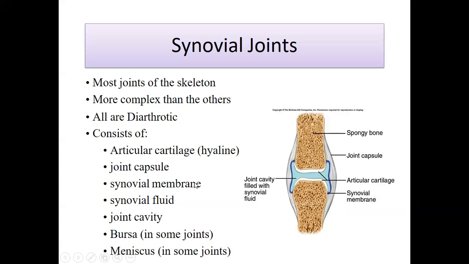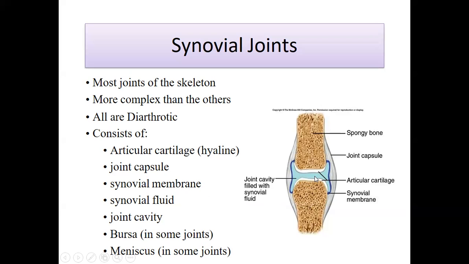You have the synovial membrane. Synovial membrane is this membranous sac that surrounds this portion of the joint. Synovial membrane produces synovial fluid. The synovial fluid is what keeps this articular cartilage from touching and grinding on this articular cartilage.